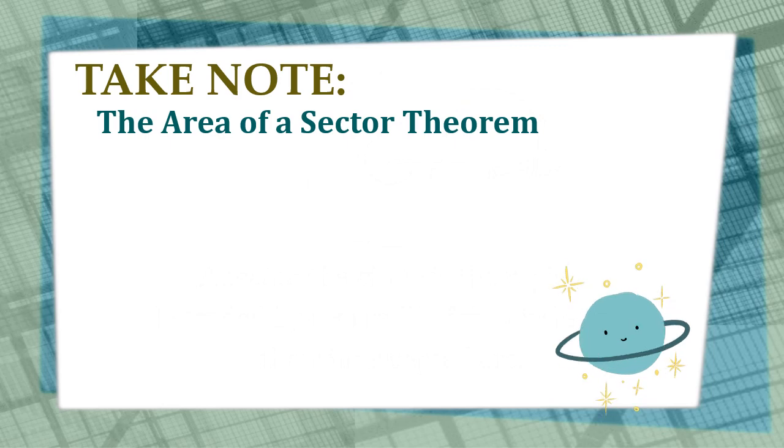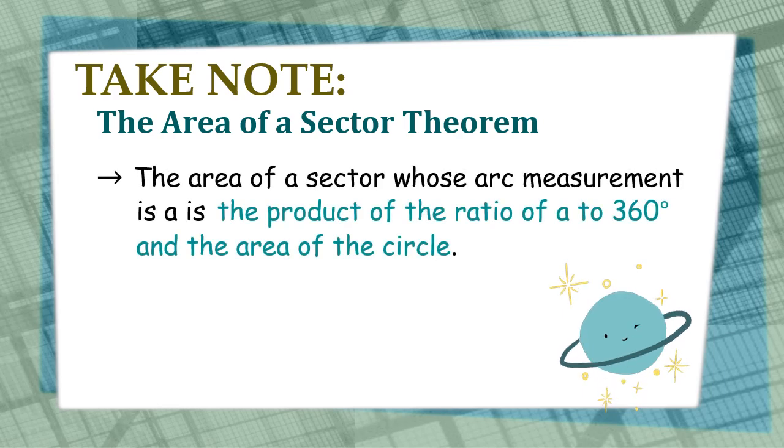I'd like to share with you the area of a sector theorem. It states that the area of a sector whose arc measurement is A is the product of the ratio of A, or the degree measure of the intercepted arc, to 360 degrees and the area of the given circle itself.